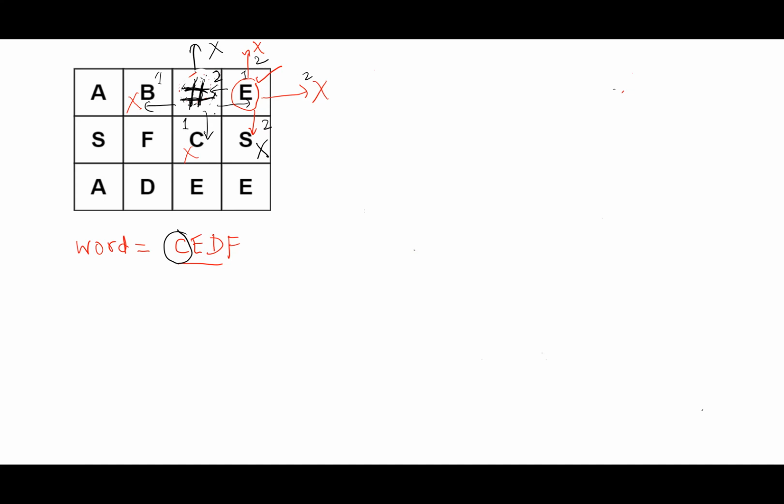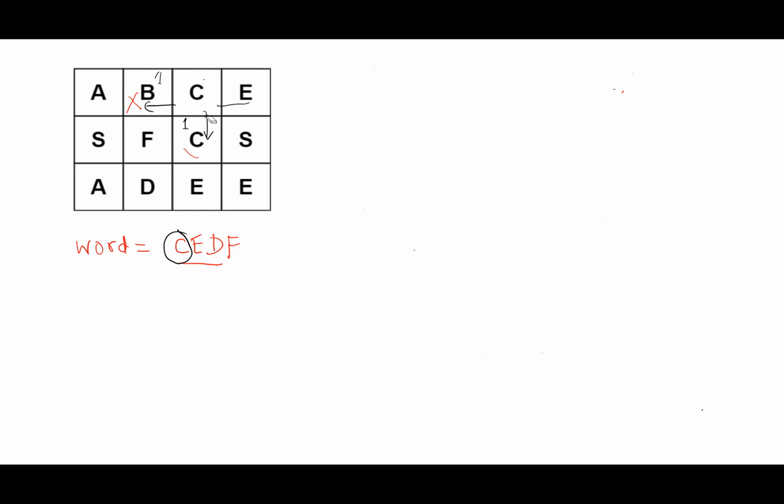The one that we tried from here went to E, and after that it couldn't go anywhere. So we backtrack to the same place and replace this grid cell with its actual character.